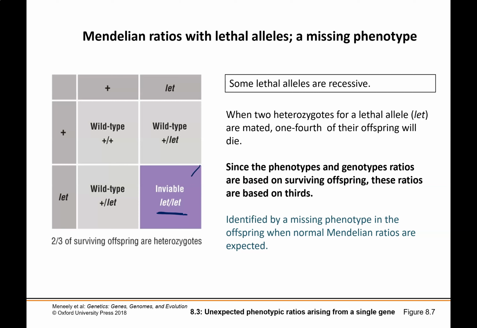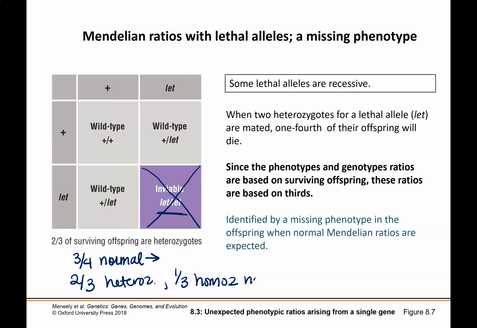So if you are homozygous lethal, then 1/4 of the offspring are going to die, which means the remaining 3/4 are normal, but those are the only individuals. So 2/3 will be heterozygous and 1/3 will be homozygous normal.